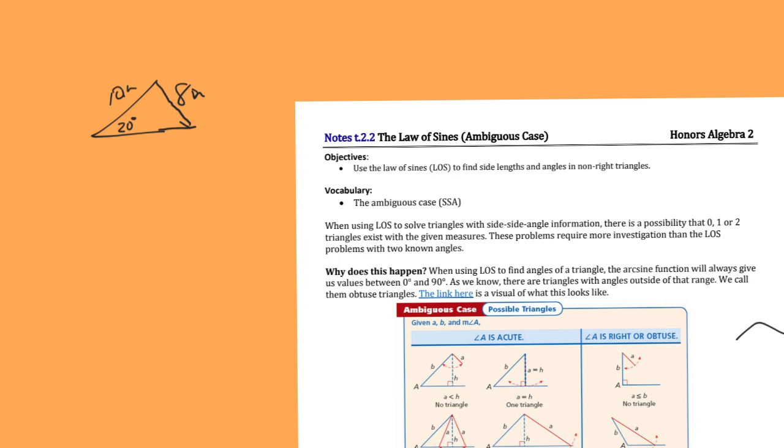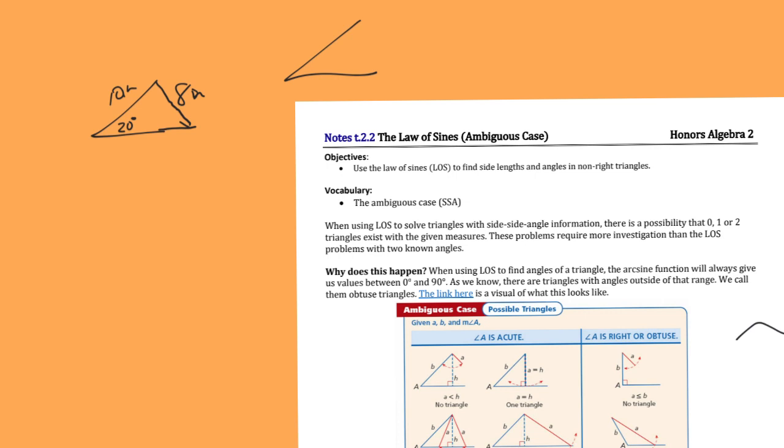Okay. The truth is, the way that this is situated, sometimes they're dumb and they give you an impossible triangle. So instead of giving you a 20-degree triangle that has a side of 8 and a side of 10, they'll be like, try this one.